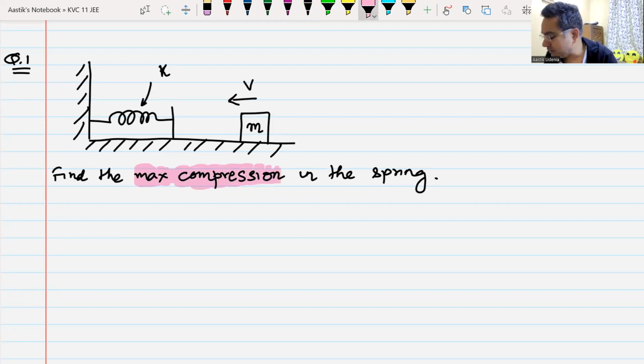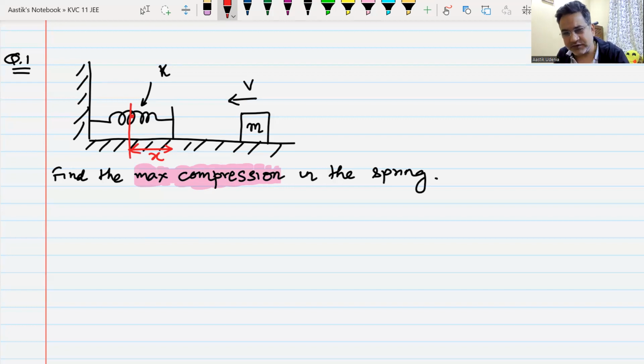At some point, the block will come in contact with the spring. It has a velocity, and it will keep on compressing the spring.